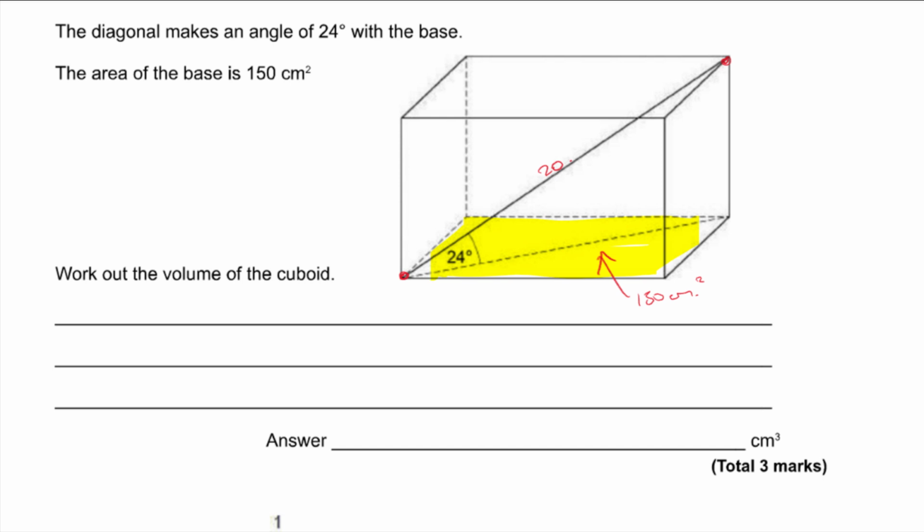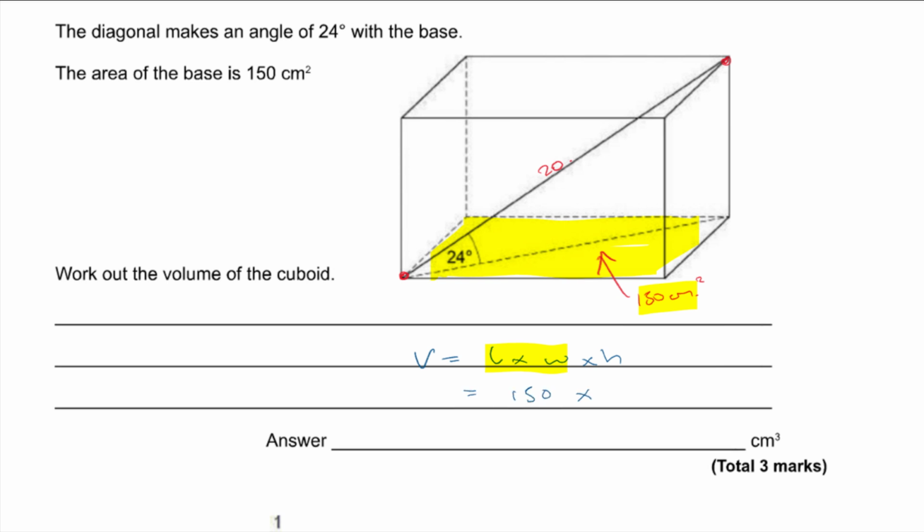Now we've already kind of got the length times width because we've got the area of the bottom, and the area of a rectangle is length times width, isn't it? So if the volume is equal to length times width times height, then the yellow bit is already the length and the width. Okay, so that's going to be the amount here that we said is 150. So those two bits together is 150.